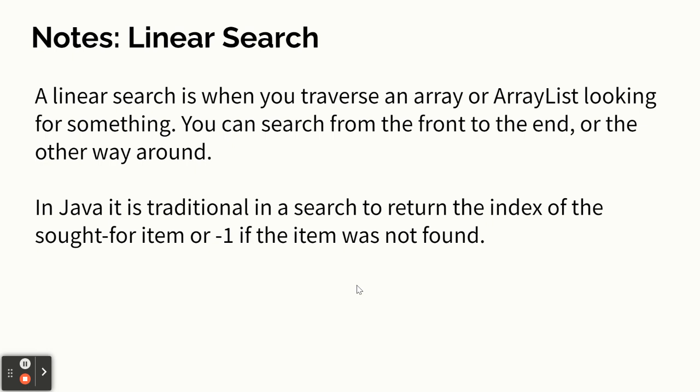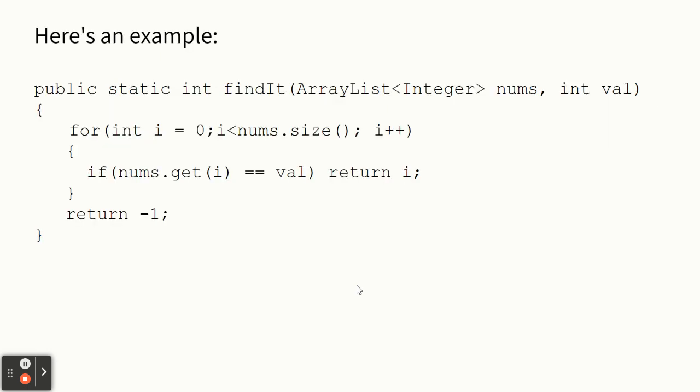So in Java, it's traditional to return the index of the thing you found, or a -1, meaning I didn't find it. So here's an example of a method called findIt that receives an integer array list called nums, and it's searching for this thing called val.